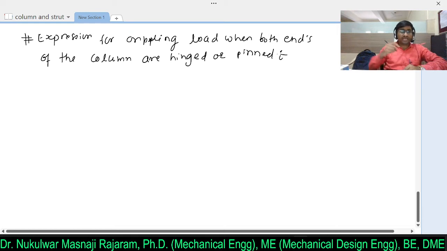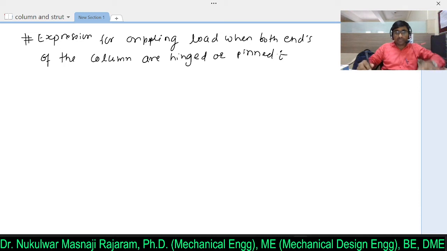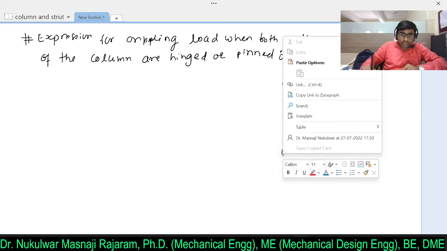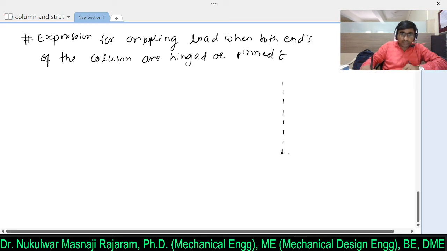I hope you understand the different types of supports: fixed support, hinge support, free support. Clear? Now here I will consider one column. So here what we have considered, pin support.